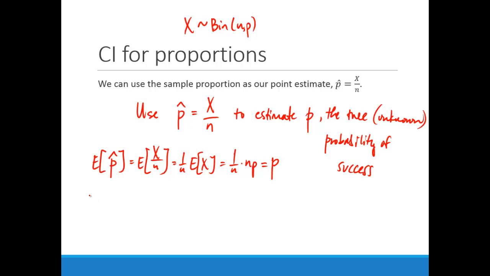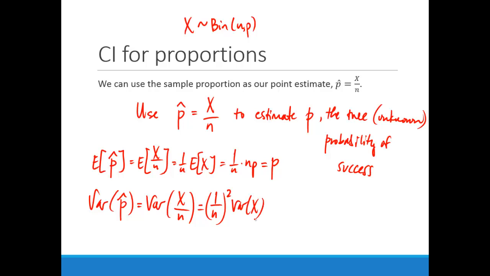And let's look at the variance of p hat. The variance of p hat, by definition, is the variance of X over n. Remember, if I have a constant inside the variance, I can square that and pull it outside. So 1 over n squared times the variance of X. And the variance of a binomial distribution is n times p times 1 minus p. Yeah, exactly. So we still have that n squared floating around.